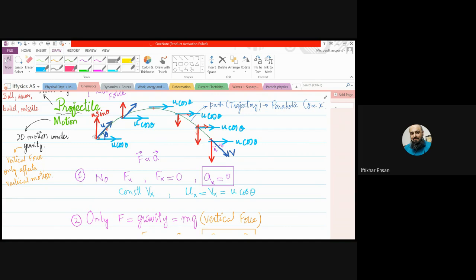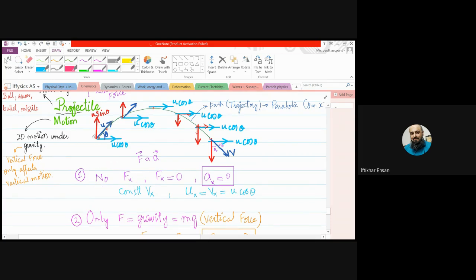When you throw a ball, once it leaves your hand, you don't have any control over it. So when we throw something, there will be no horizontal force acting on the object.